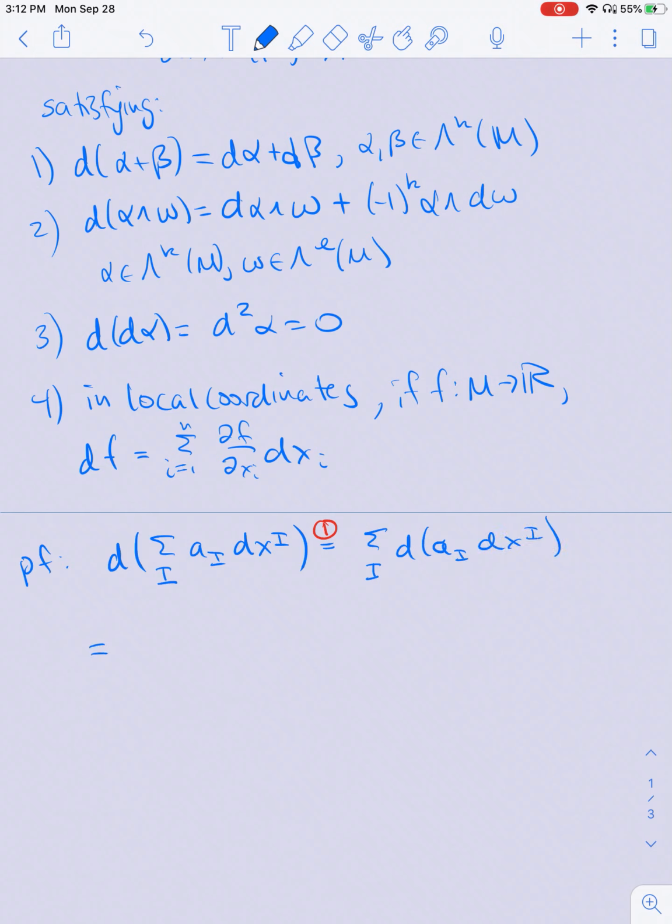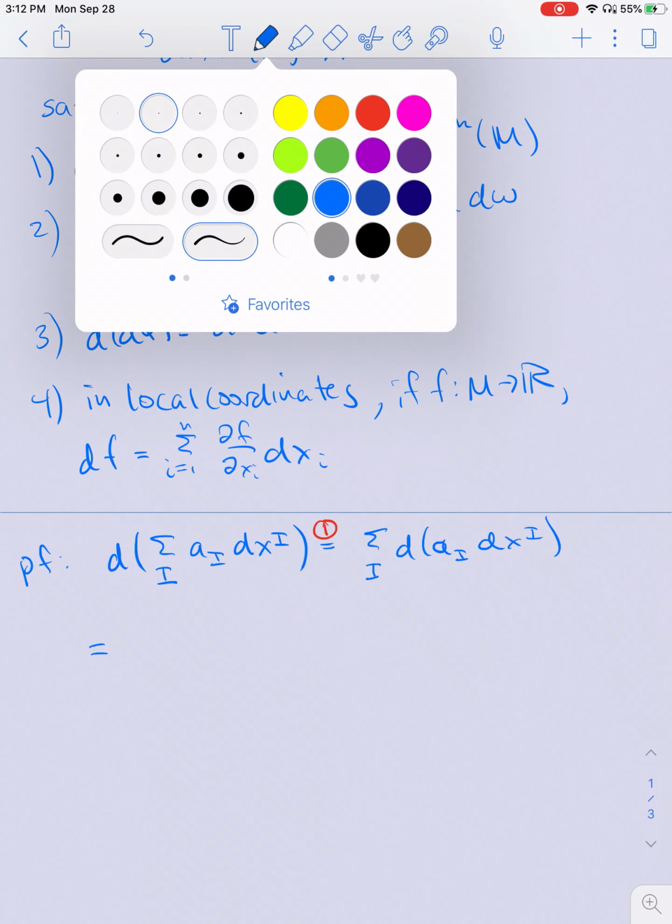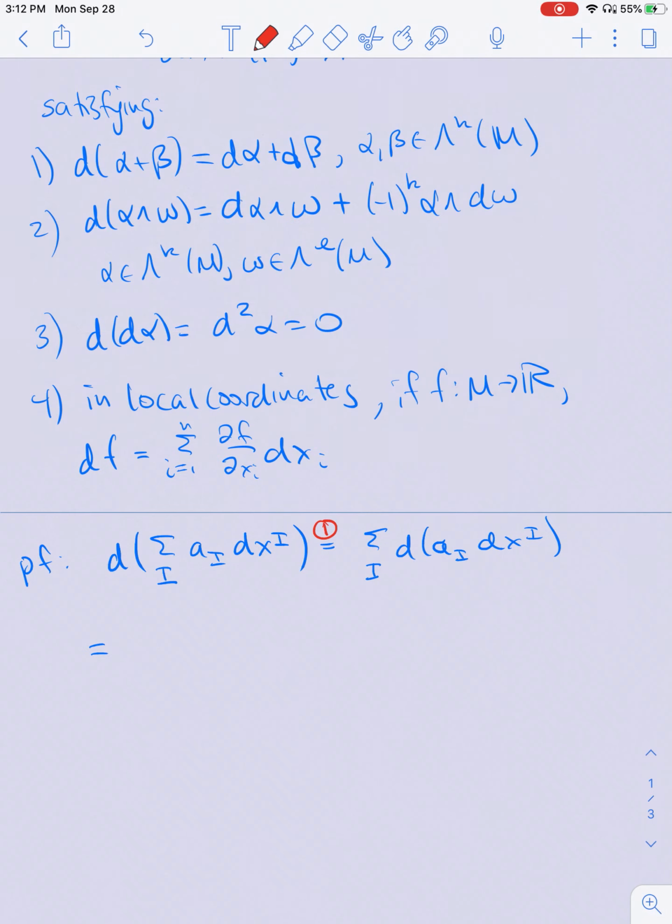And then, basically I'm thinking of multiplying by a function as the same thing as taking a wedge product with a 0-form. If you go back through what it means to define the wedge product, with 0-forms it would just be multiplication.